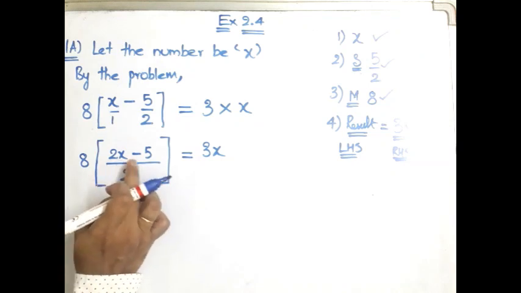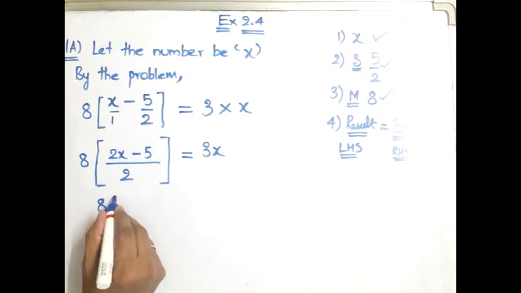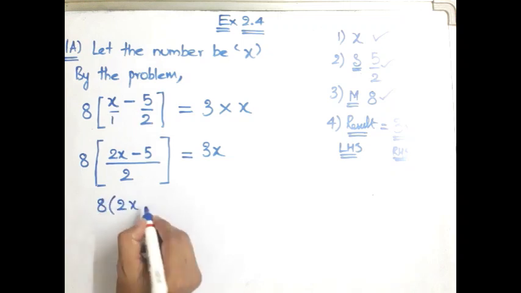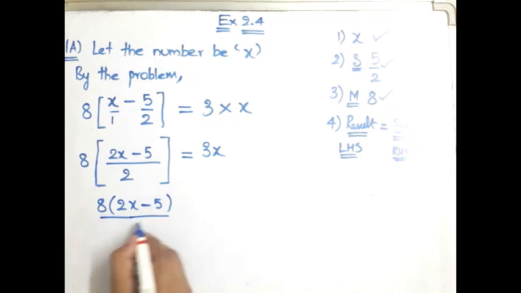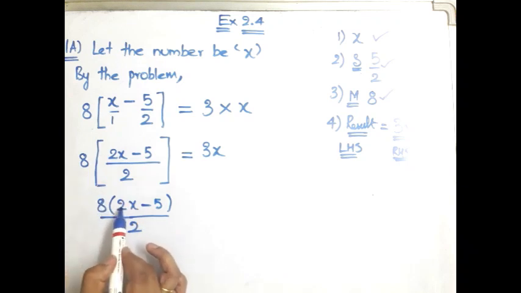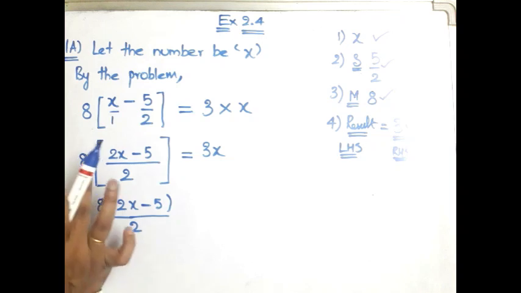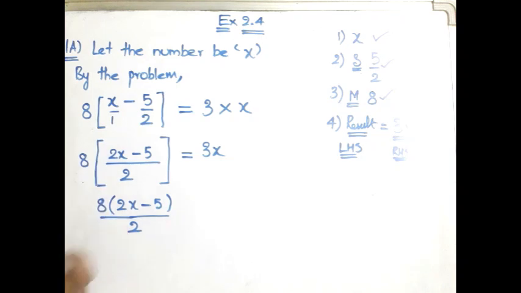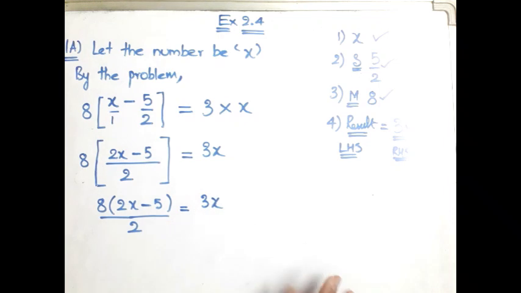So in (2x minus 5) by 2, we can write it like this so that it will be easy for you to understand: by 2, because 8 into numerator, 8 into numerator. As we don't have any denominator, usually we'll take 1 into 2, 2. Hope you are clear. Now look, is equal to 3x.